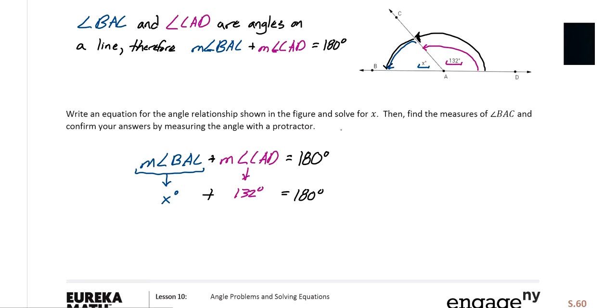So if x plus 132 equals 180, well, I can get x alone by just subtracting 132 from both sides. X does equal 48.